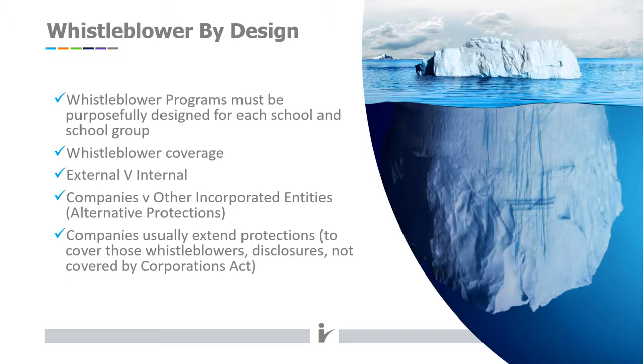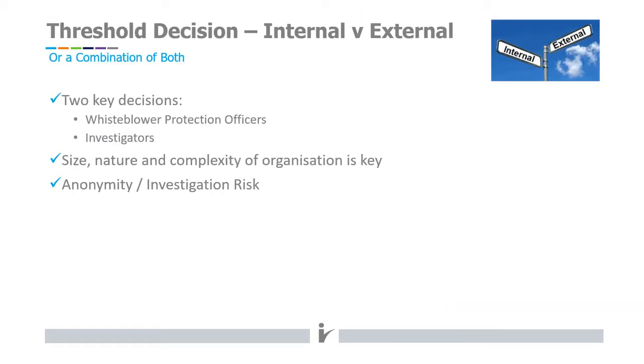So you offer protections about not victimising them, making sure that they're not adversely affected through internal administrative decisions, providing protection and support. The Corporations Act builds upon those, if you like, okay? So really, you've got to make sure that as a school, it fits what you need to do, okay?